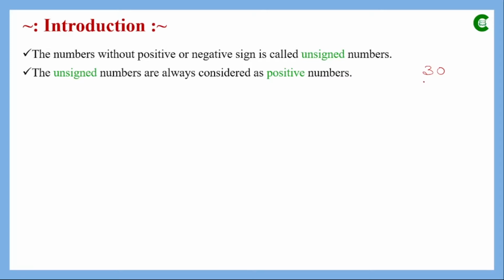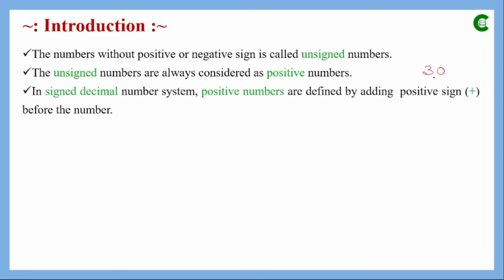Though we have not mentioned any sign, if no sign is mentioned before that magnitude, then by default it is taken as positive. But if we are dealing with a signed number, be it positive or negative, then we have to mention the sign of that number before the magnitude.